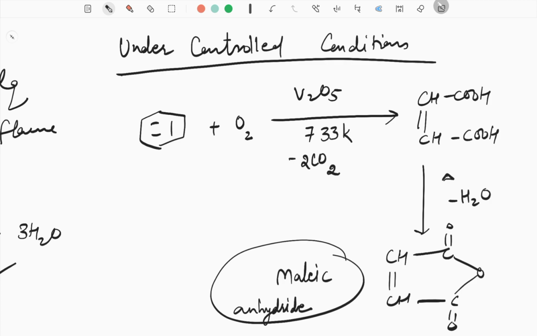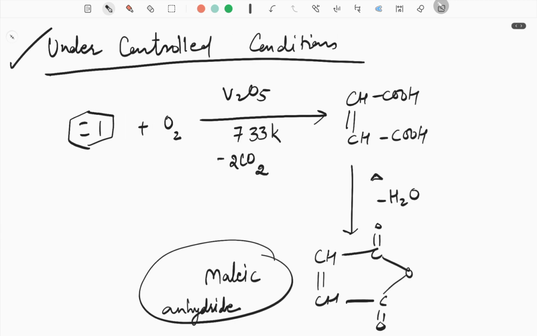So this is the behavior of combustion under controlled conditions.